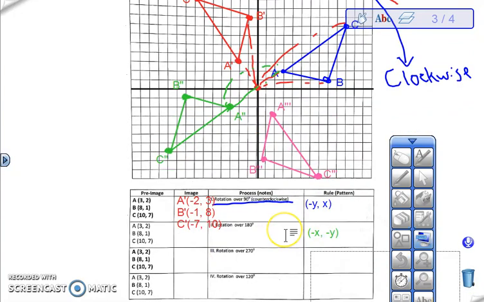The X is still positive, but it's the Y, or the second number, that switched. So the Y and X switch places, but then we flipped upside down. Instead of having a positive Y value, we have a negative Y value. So that second number needs to be negative.